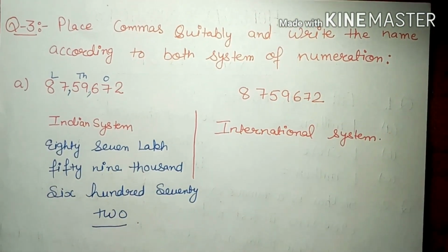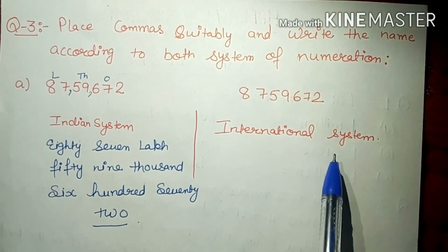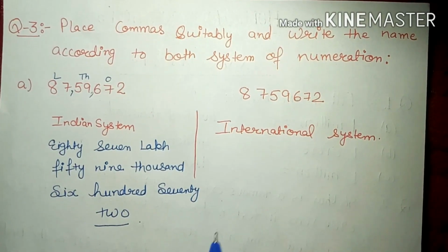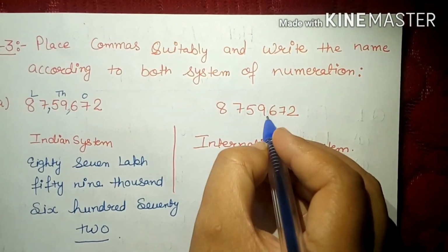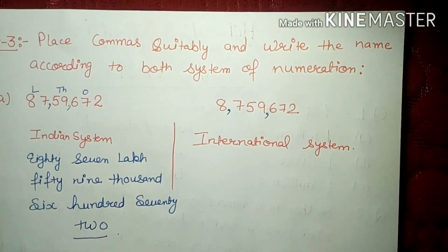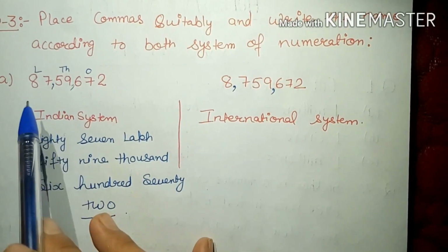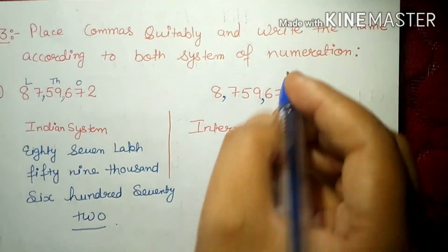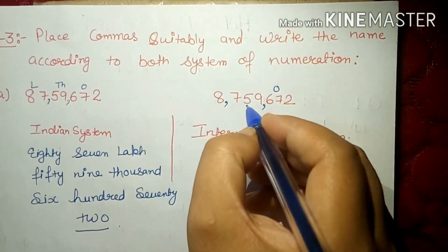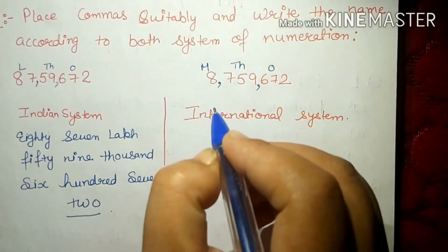Right, students? At the same time, for the international numbering system, again we have to start grouping from the right in groups of 3 numbers, and again in 3 numbers, and so on. As we know, in the international system we don't have lakh. We have 672 in the ones place, 759 in the thousand place, and 8 in the million place.